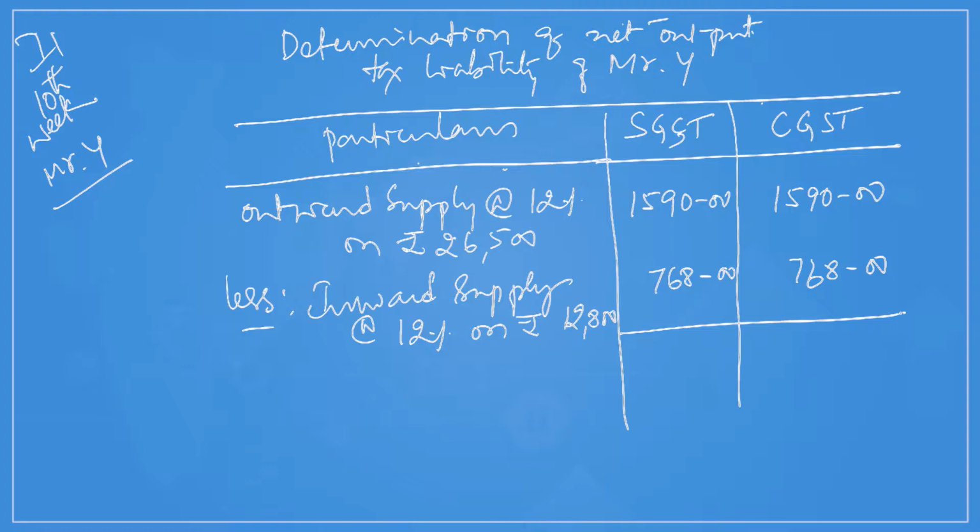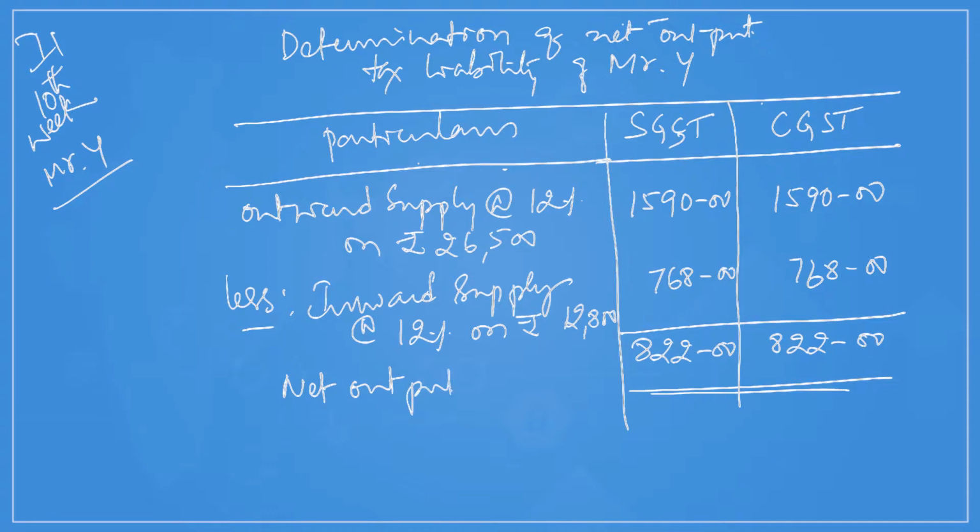After deduction of GST paid on inward supply from outward supply of goods, the net output tax liability of Mr. Y is 822 rupees SGST and 822 rupees CGST. So this is the net output tax liability of Mr. Y under GST.